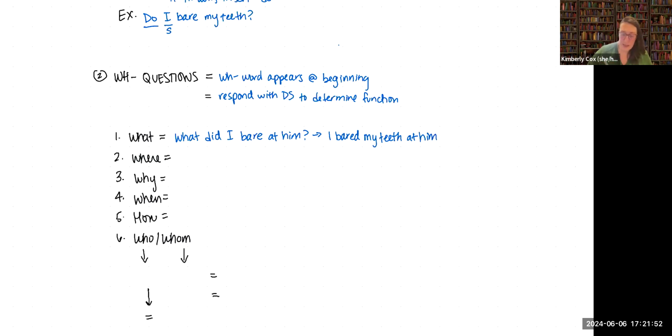That becomes a declarative statement. My teeth is the direct object in that sentence, so what has the function of the direct object here. I bared what at him? This becomes a WH question because we're introducing that WH at the beginning. That idea that if we respond with a declarative sentence, that's going to help tell us the function of the WH word.